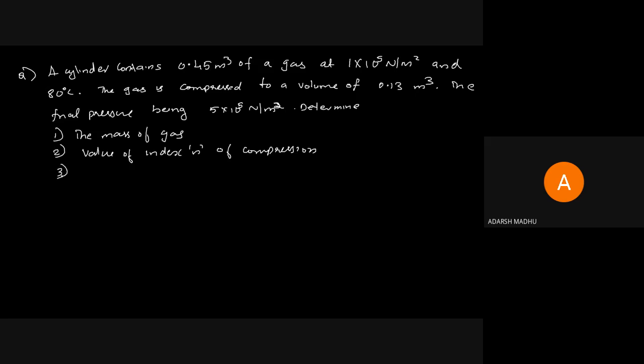Third question, the increase in internal energy of the gas. This is a complex type of question, but once you study it, it is simple. And fourth one, the heat received or rejected, the Q value, during compression.